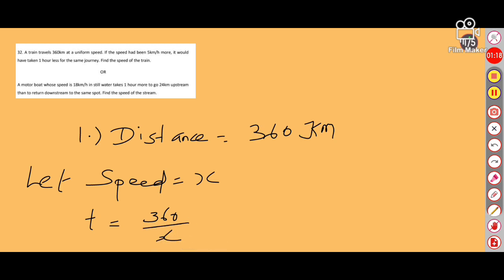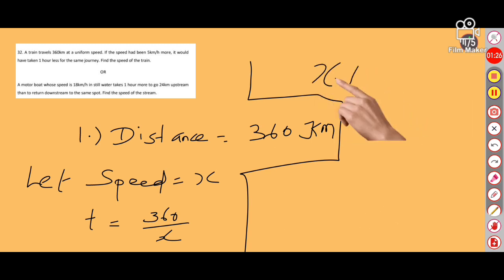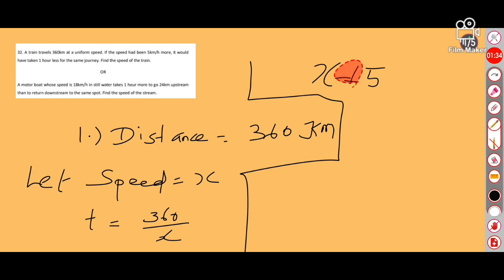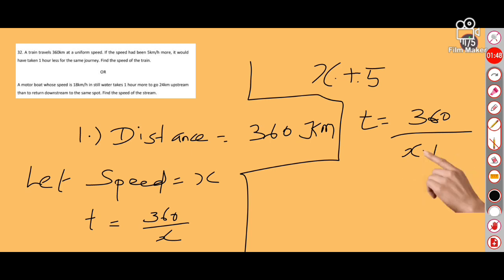Now they have given one case: if the speed had been 5 km more, then the x value increases, that is x plus 5. Similarly, the time changes, that is 360 by x plus 5.